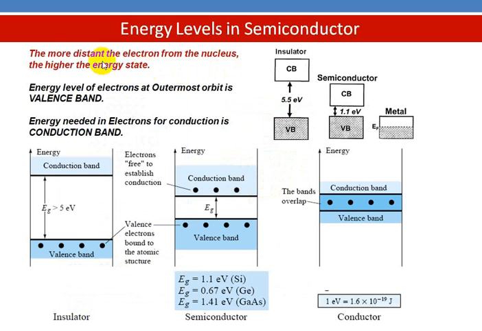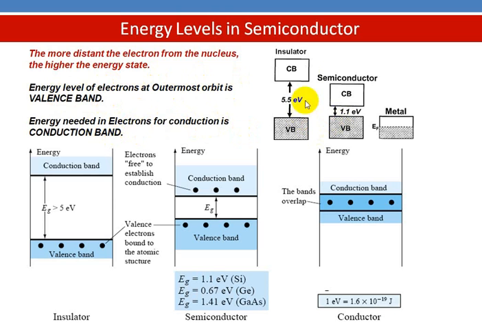Energy level: the more distant the electron is from the nucleus, the higher the energy state. That is, the outer shell will have a higher energy state. So the energy level of electrons at the outermost orbit is called the valence band. The energy needed for electrons for conduction is the conduction band.